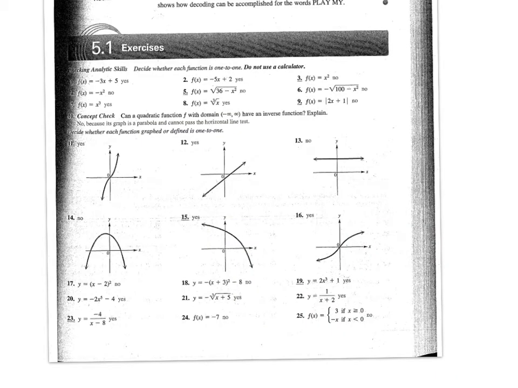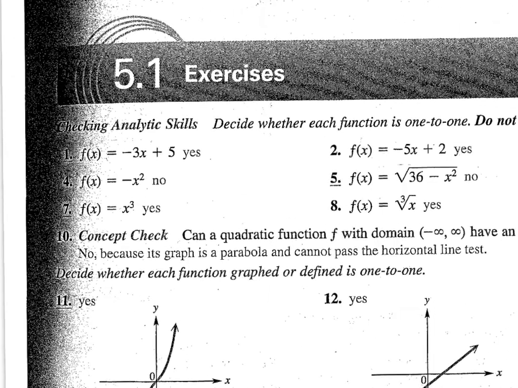Okay, so I will be attaching this document to this email as well, so you'll have it if you weren't in class today. But we're going to look at number 1 here, and this is the one out of my book, so the answers are already shown, so we'll just pretend like we don't see that. I know it says do not use a calculator, but we're going to use a calculator.